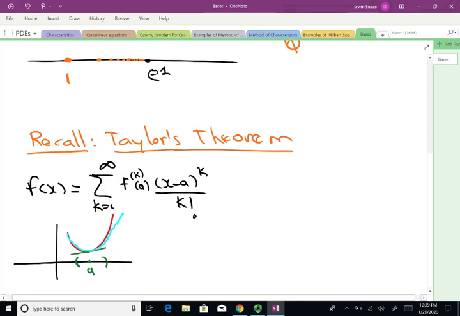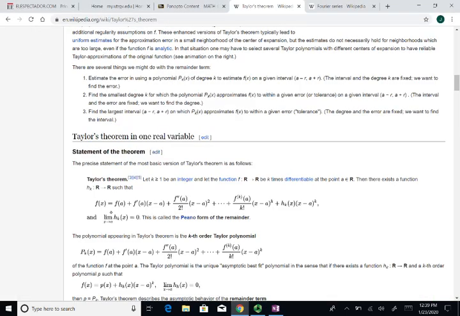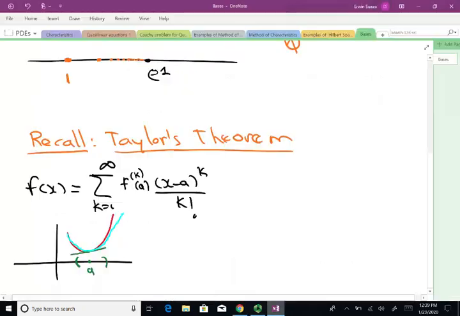K starts at 0 because I can have 0 derivatives. When I have 0 derivatives, x minus a to the 0 disappears, so I have f of a.